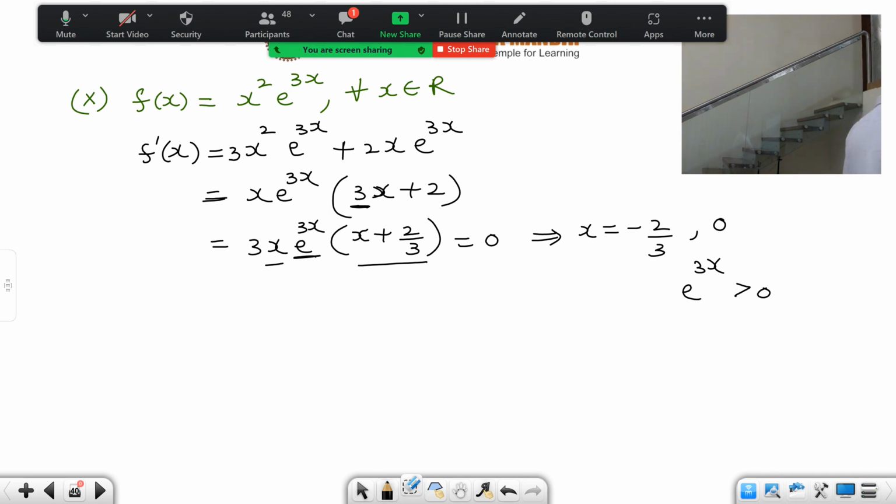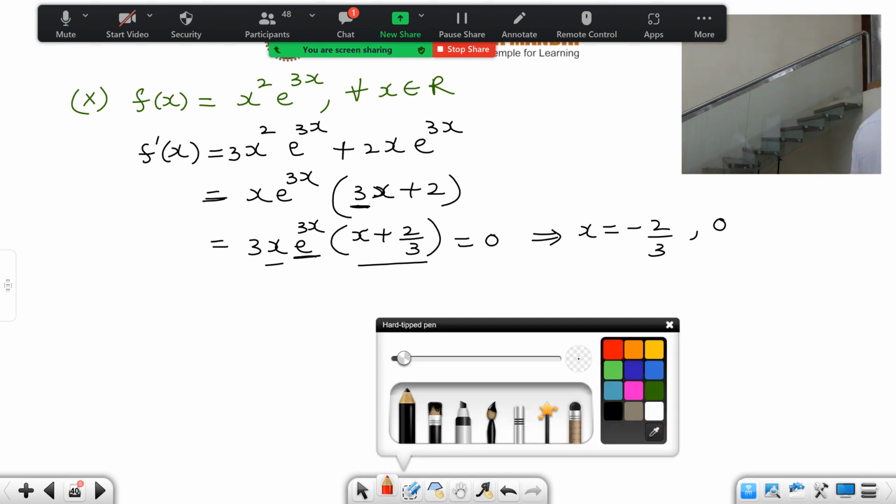Minus 2 by 3 and 0. So here also let us use the first derivative test only. These are stationary points.